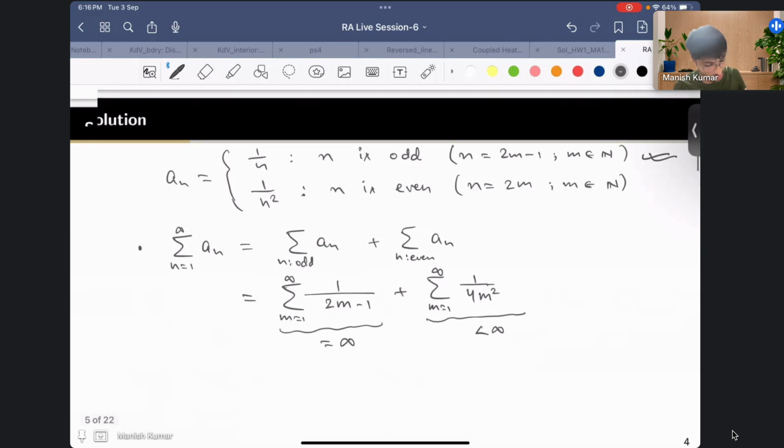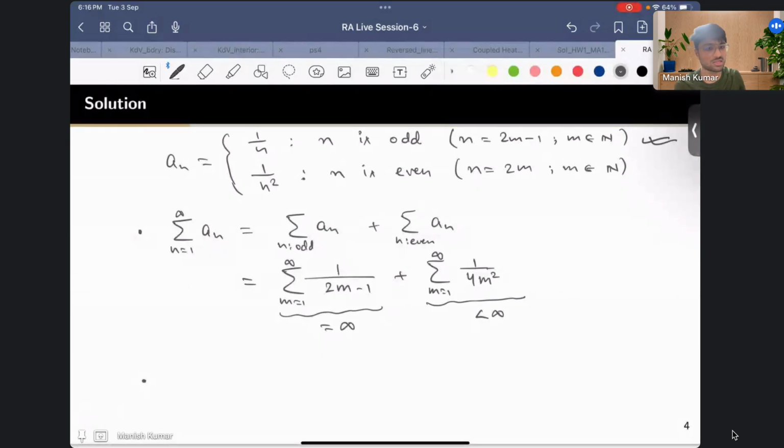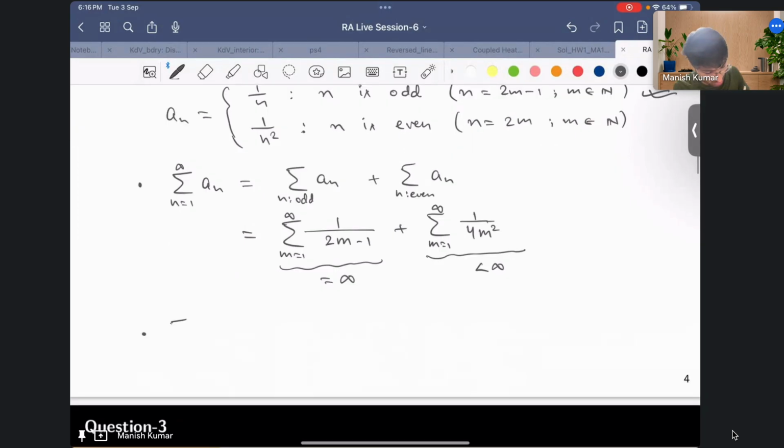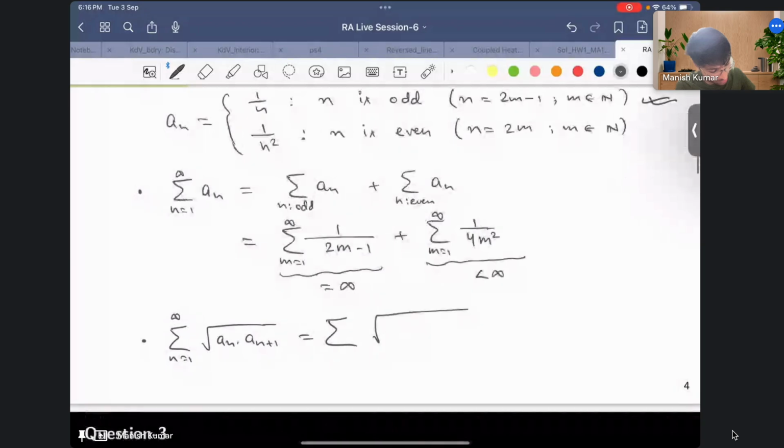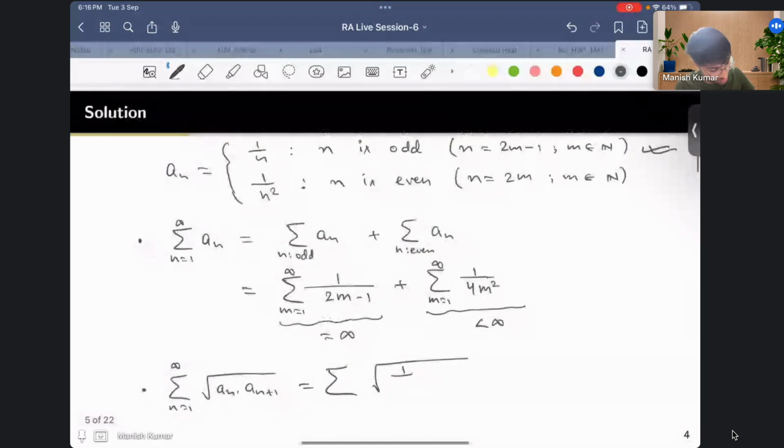Now let us try to see what happens to summation root an times an plus 1. So let's look at this term, an an plus 1, n is from 1 to infinity. So now let us see what it turns out to be. So this is root, an is 1 by n.